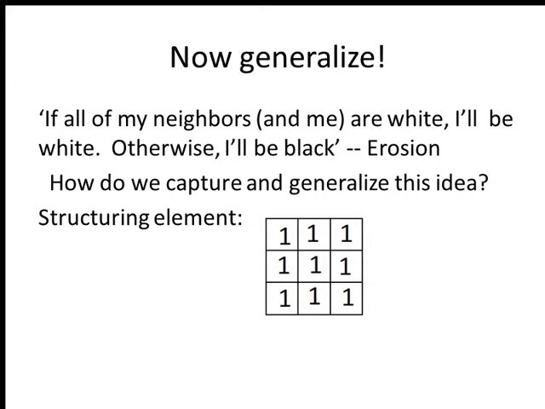And if all of the pixels match the mask, then in the case of erosion, that pixel will get to stay white, and in dilation, that pixel will get to stay black, and otherwise the pixel will flip. So this is the most simple case you're seeing here, where it's all ones in a 3x3 grid. You can have a 2x2 as well, or a 4x4, and you can have more complex shapes.